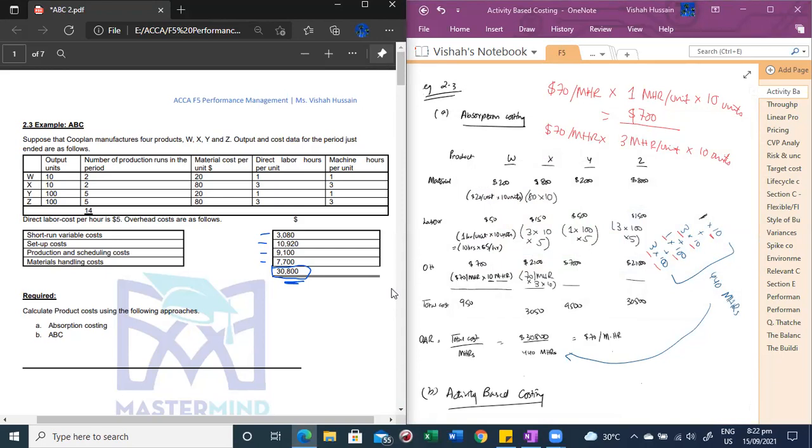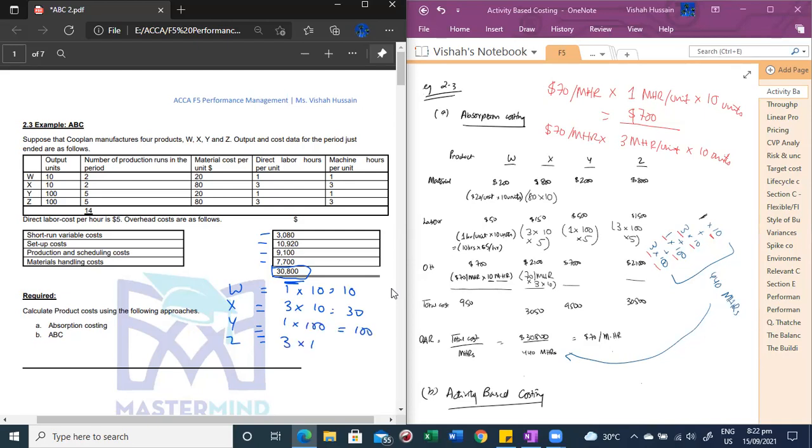It won't make a difference, because when you end up computing total labor hours and total machine hours, it is going to be the same. How will you compute it? W, X, Y, and Z. So even the machine hours and even the labor hours, it was 1. And what was the amount of units? 10. So this becomes 10. 3 into 10 becomes 30. 1 into 100 becomes 100.